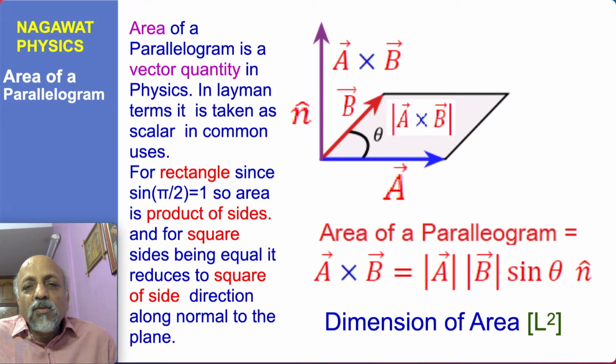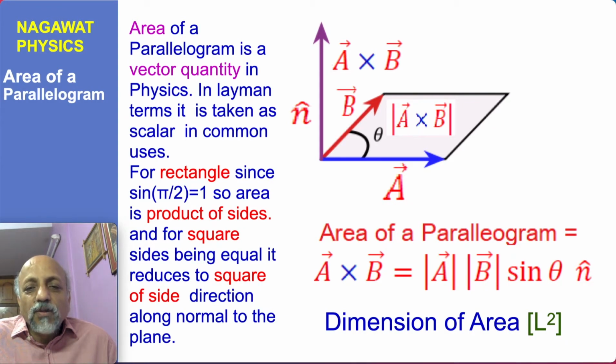Now the same formula you can use for obtaining the area of a rectangle, because a rectangle is a special case of a parallelogram, and in the case of a rectangle theta is 90 degrees. Sine 90 degrees is 1, so the magnitude of the area of a rectangle will just become the product of the sides, which you may have already learned in school courses.